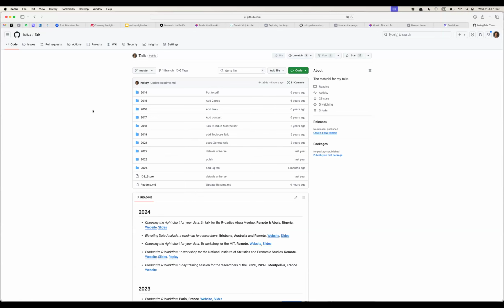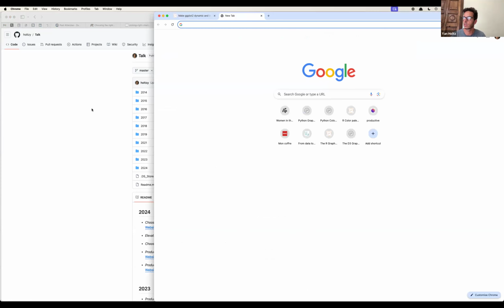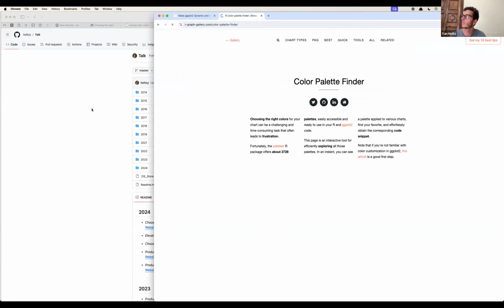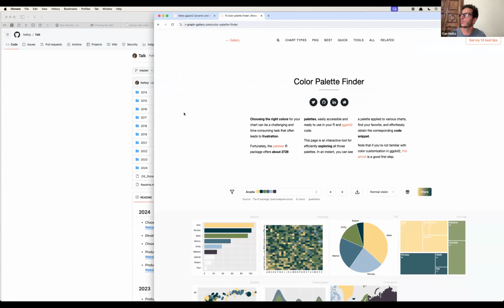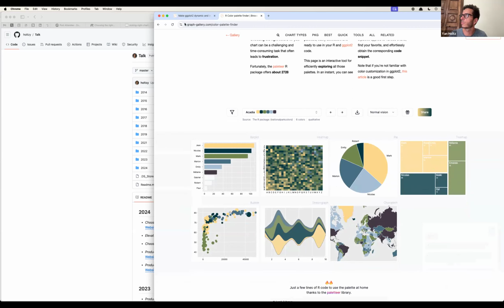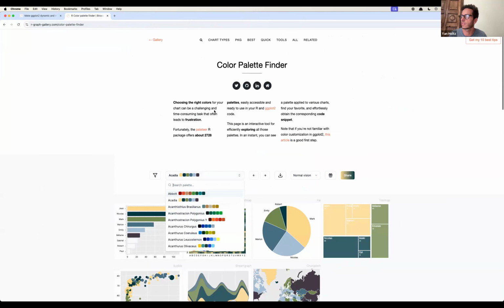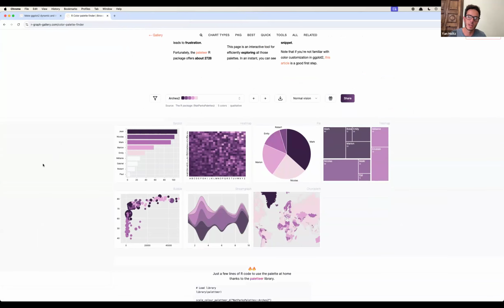I can show you quickly what the color finder is for people who don't know what it is. It's a little tool where you have several charts, and something like 2,000 or 3,000 color palettes available. When you choose one color palette, it shows you how it's going to look on your plot.